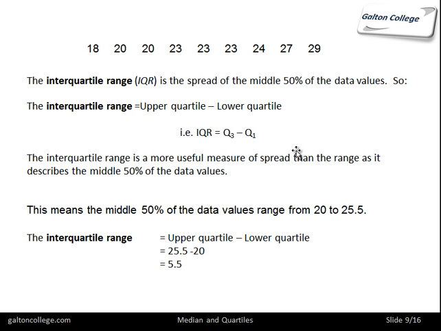So the interquartile range is often used. In this case, 50% of the data ranges from 20 to 25.5, and the interquartile range, therefore, is 5.5 when we subtract. It's the range of the middle 50%, which is 5.5.